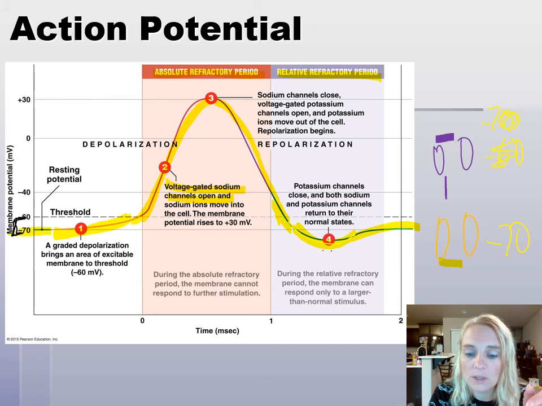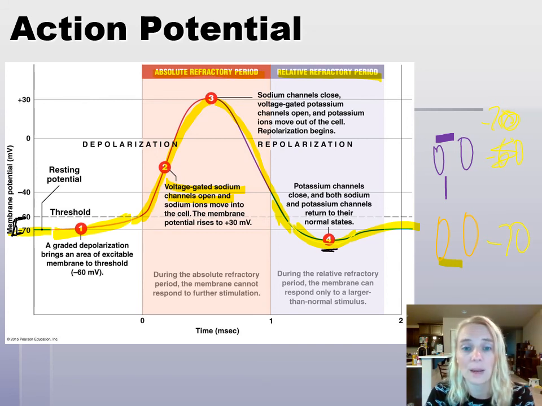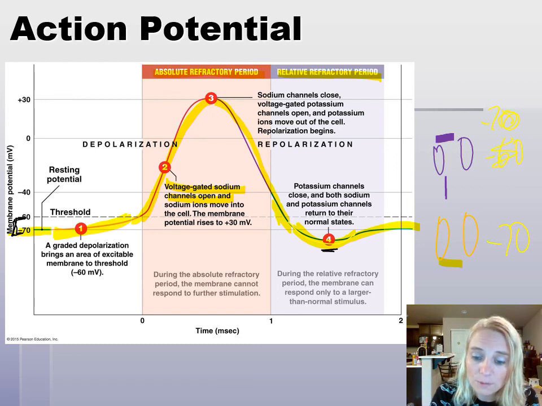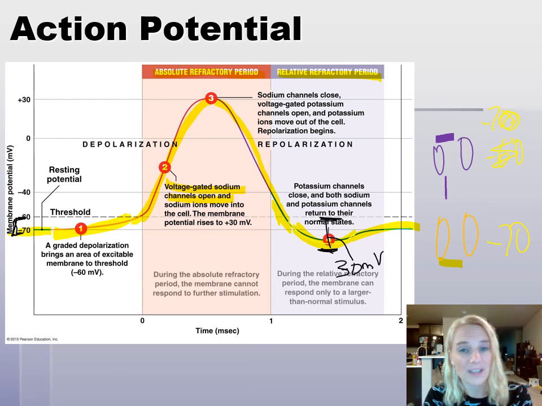But what if you wanted to start an action potential down here at negative 90, at the bottom of that hyperpolarization? You'd have to go from negative 90 all the way up to negative 60. That is a difference of 30 millivolts, which is bigger than 10. So in the relative refractory period, you can trigger another action potential, but you typically have to have a stronger than normal stimulus to do so, okay?